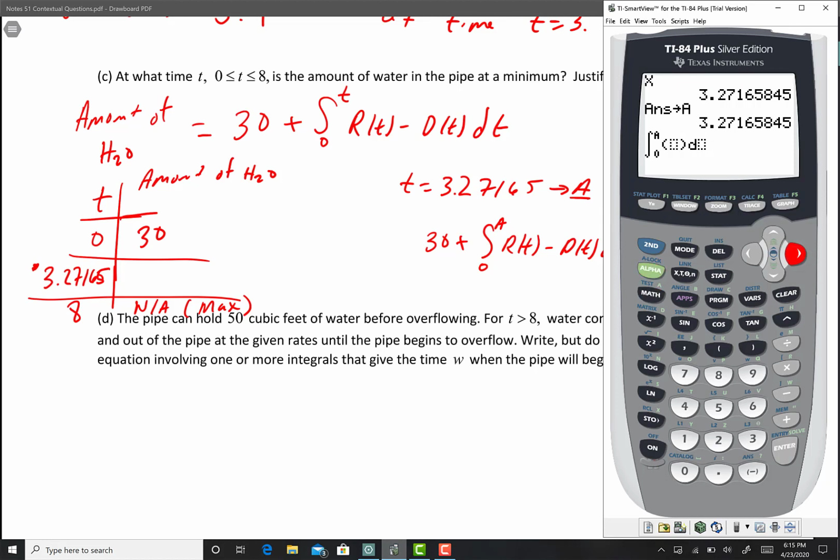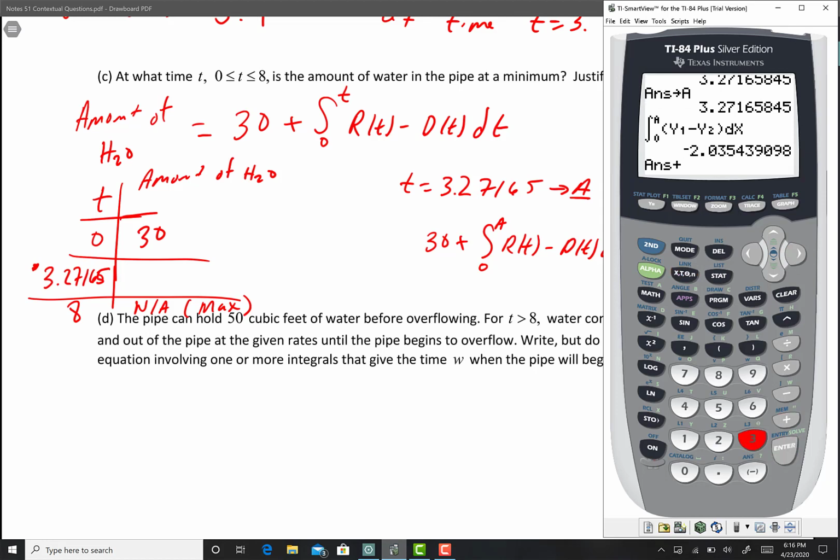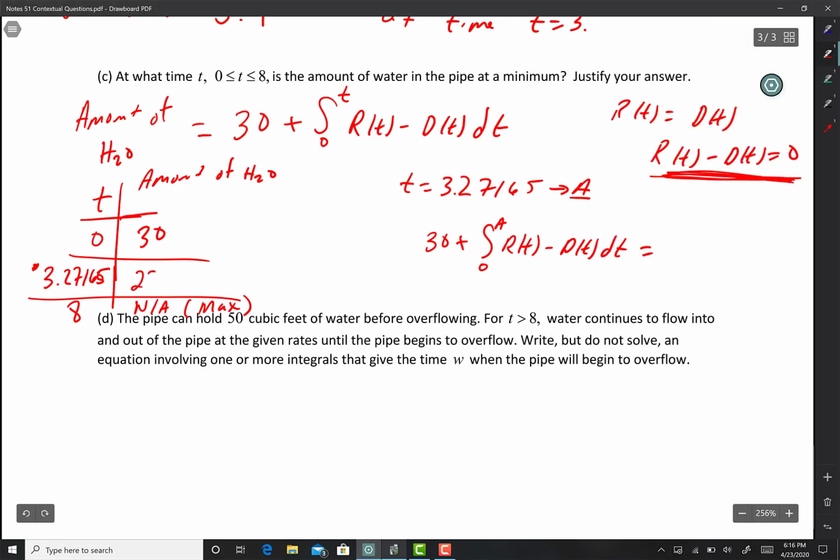Alpha A of alpha trace y1 minus y2. It's going to be a negative number. Enter, add 30 to it, and there it is. So 27.9645.